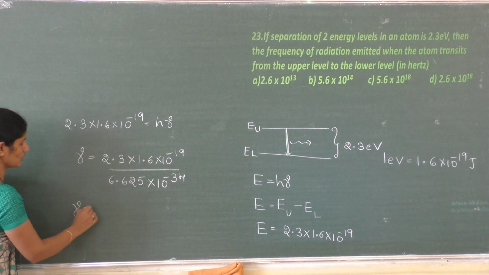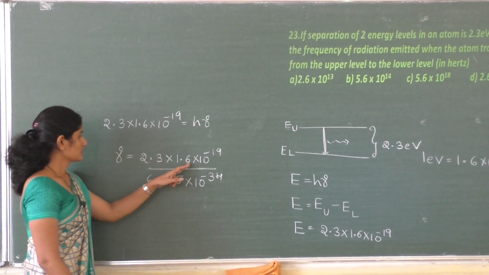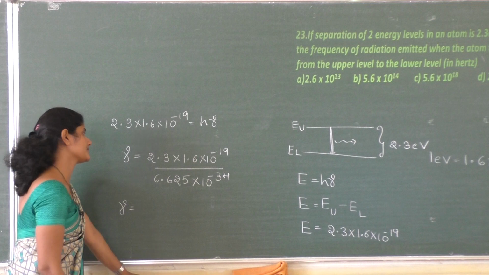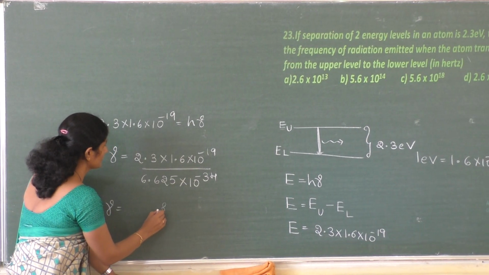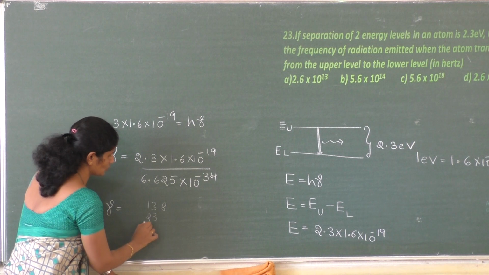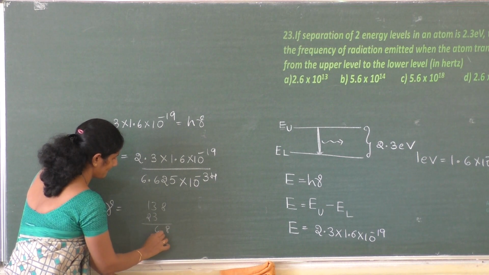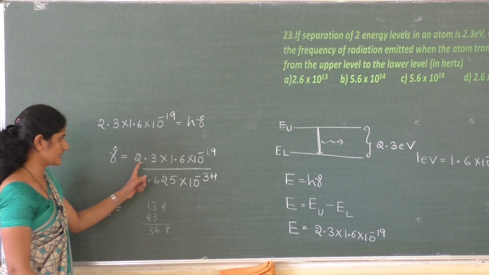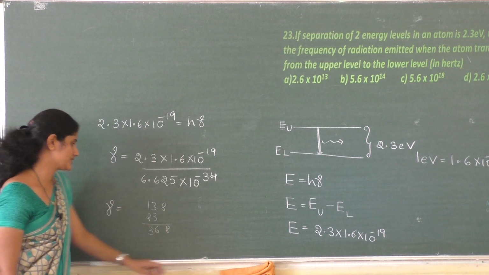So nu is equal to, 2.3 into 1.6 is 3.68.